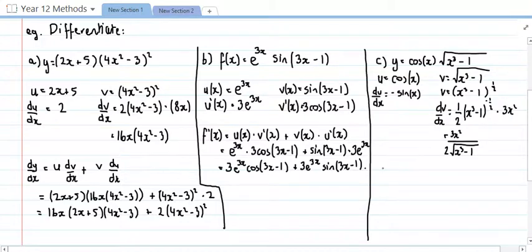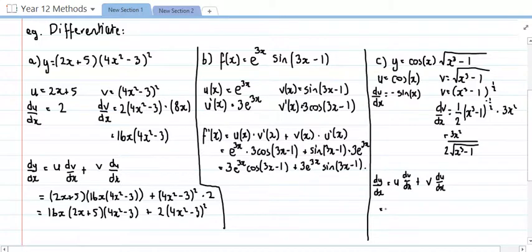Okay, so next thing is to write the rule. dy dx equals u dv dx plus v du dx. And sub in everything that we know.